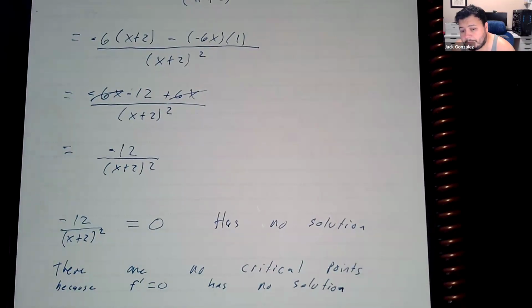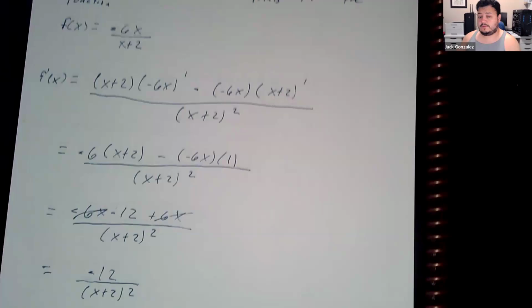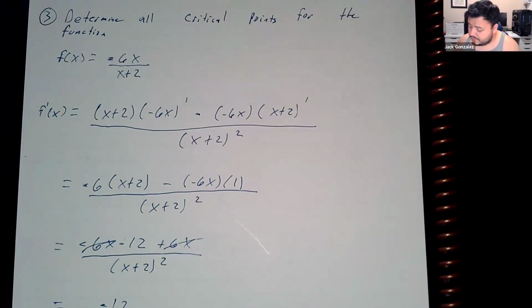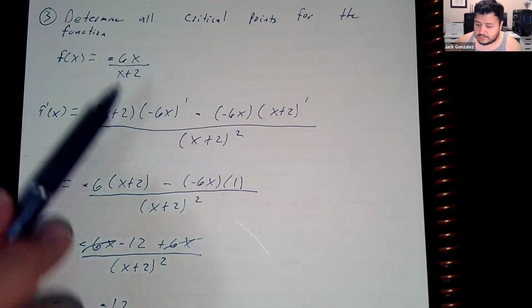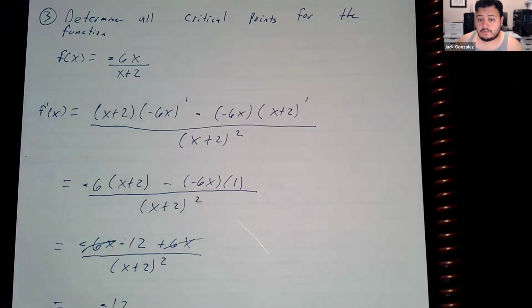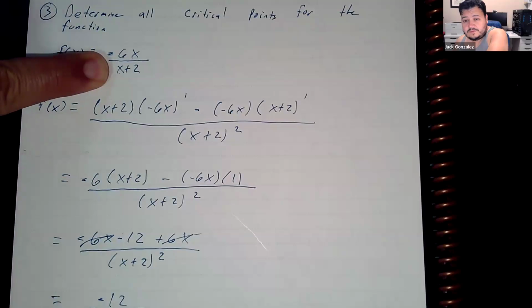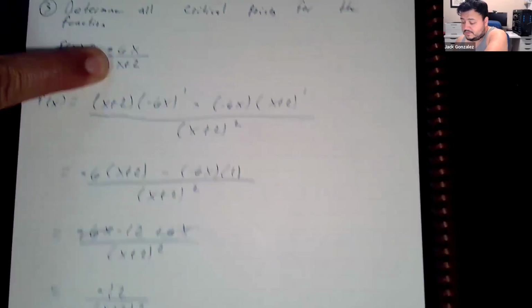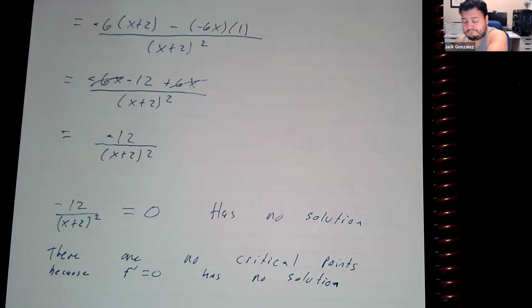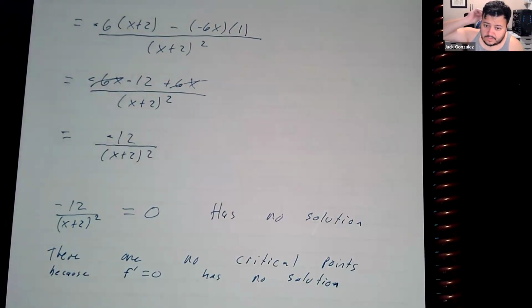There's a possibility, right? Remember we said sometimes if the derivative is undefined somewhere but the original isn't, that could be critical. But this is undefined at -2, the original, and so is the derivative, so it's not going to happen. There's not much to do there, just can't solve it. We showed that though, right?